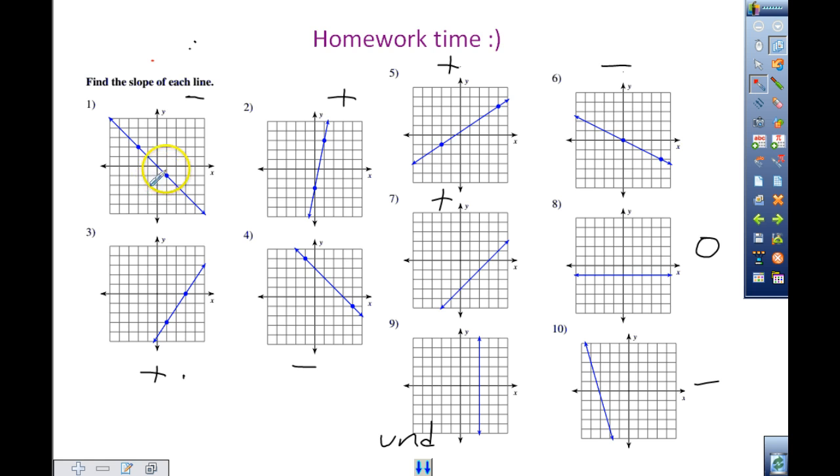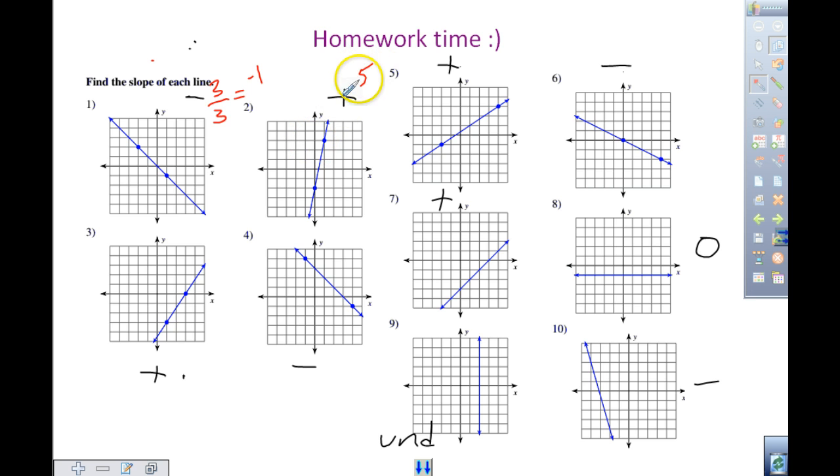Back will be homework. Then go through and count the squares. How many up? Up 3. Right 3. So negative 3 over 3 is negative 1. Number 2. Go up 1, 2, 3, 4, 5.